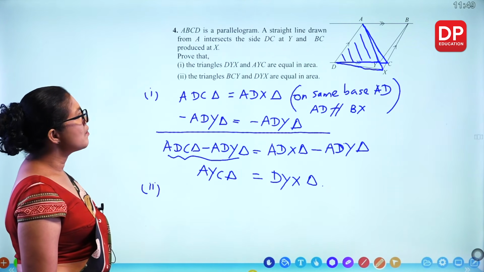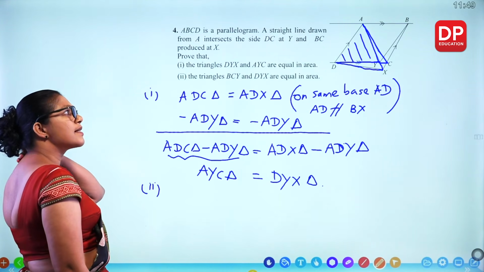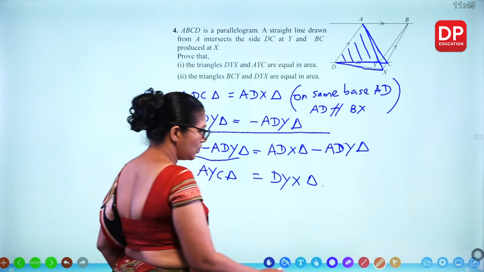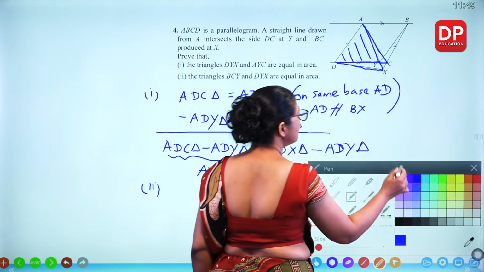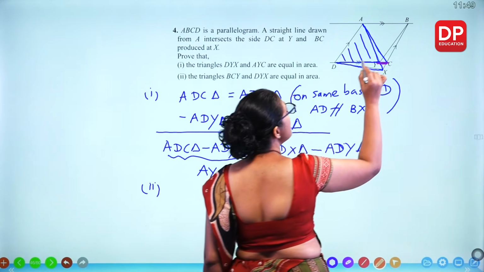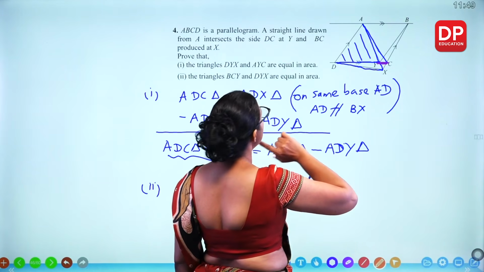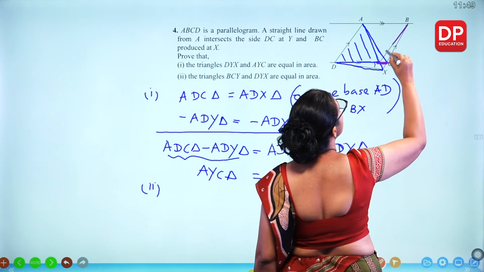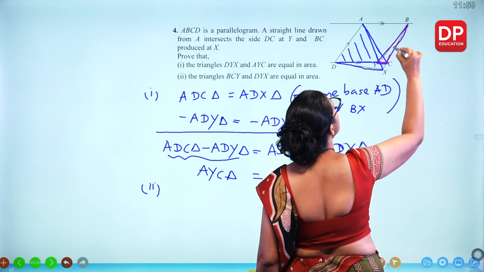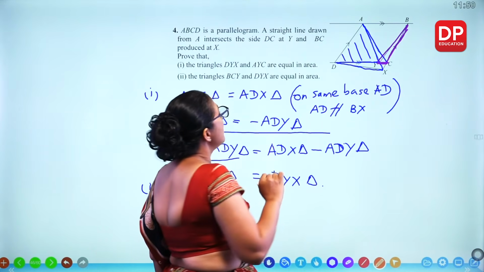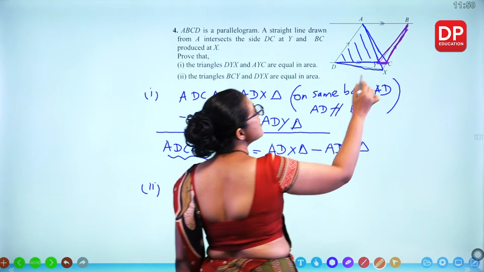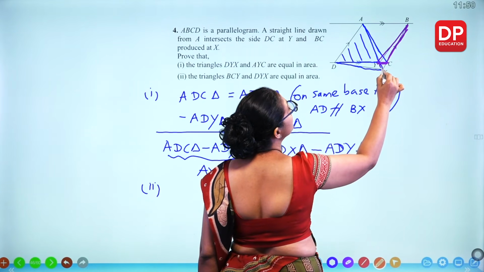Then second part, the triangle BCY is equal to DYX. Now I need to show BCY, this one, is equal to DYX.